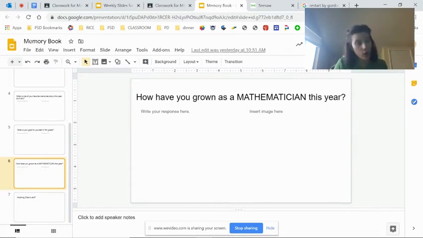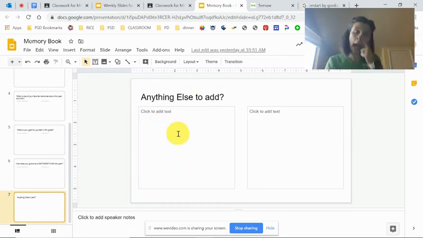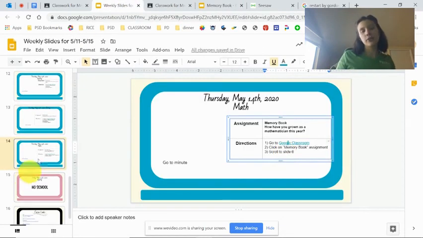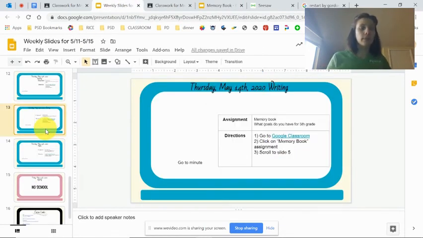I know that as a whole class, we've definitely grown in our confidence when it comes to math and math equations. If that's what you have grown in, please put that. Maybe you have grown in something other than confidence. Maybe you have grown in your multiplication facts, right? You can use whatever you'd like. And if there's anything else you would like to add, you may add that here. It's not assigned through the weekly slides, but it's there as an option.